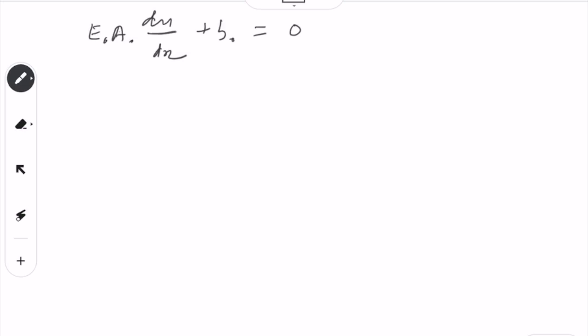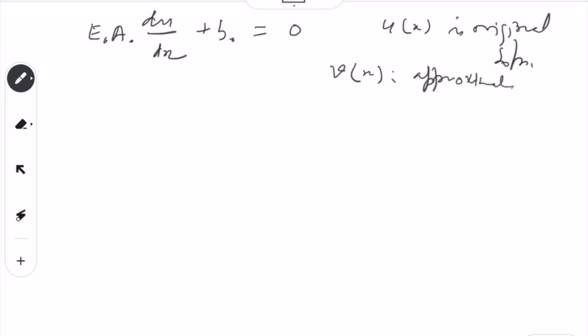Let us say u(x) is the original solution, and an approximate solution, let us call V(x), is the approximate solution.